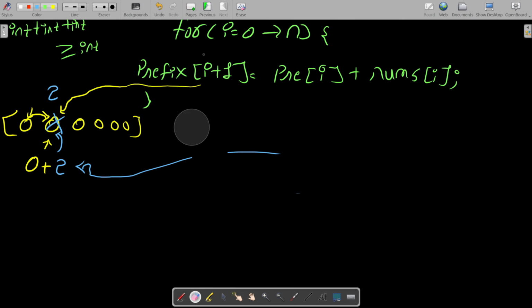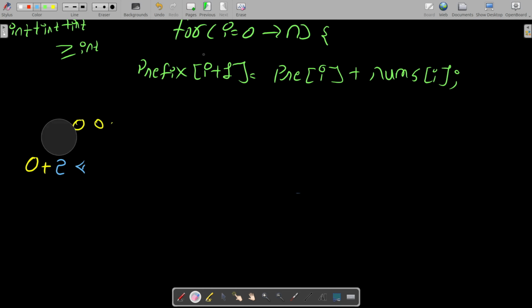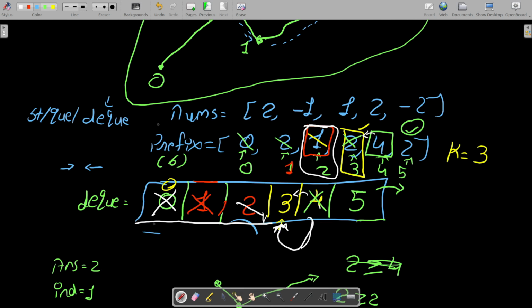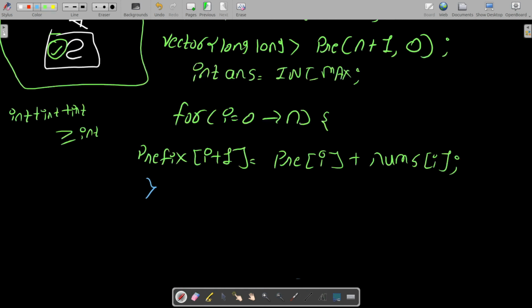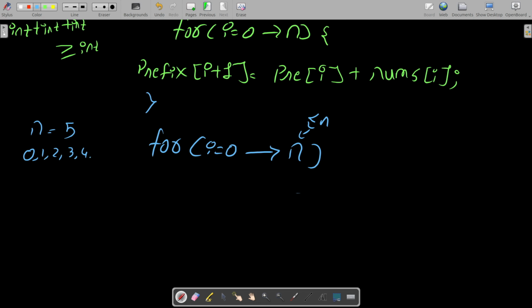And now let's move to another part. Now we are traversing the prefix array from left to right. So let's traverse with a for loop, i equals 0 till n, and here it means less than or equal to n, because n size is 5, so 0 1 2 3 4 5, total we are traversing 6 times.